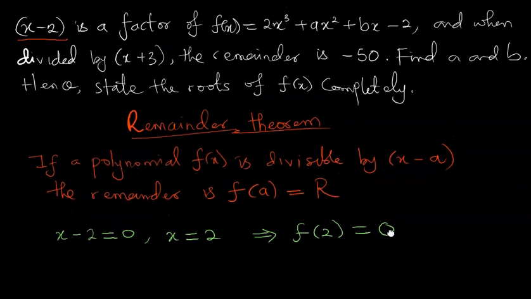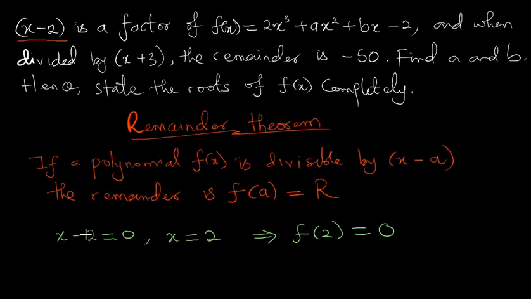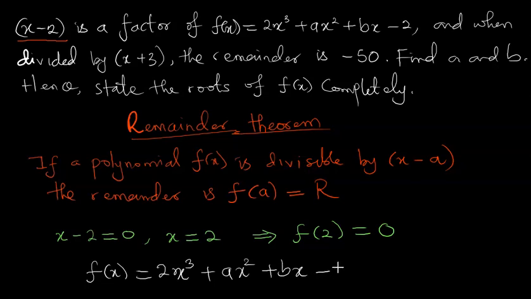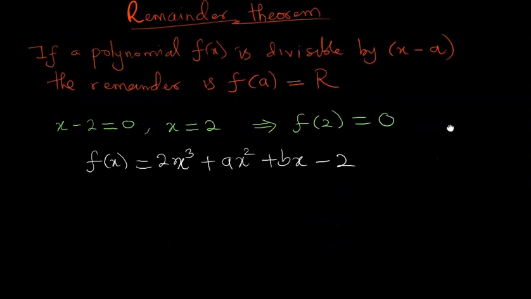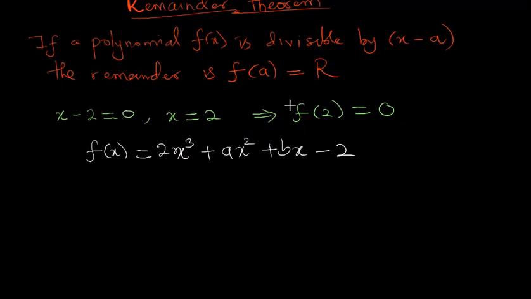So now what is our polynomial? Our polynomial is 2x cubed plus ax squared plus bx minus 2. Now we apply this. So we have f of 2.